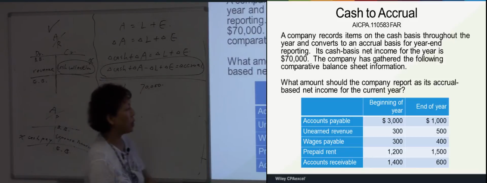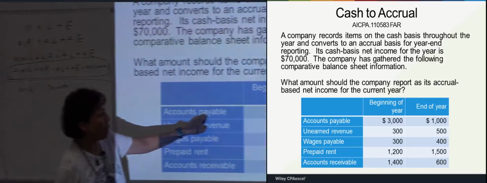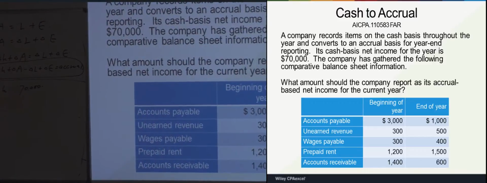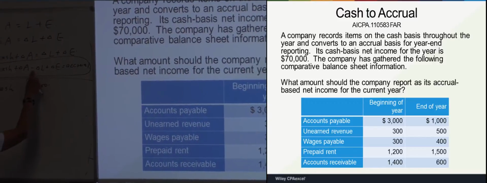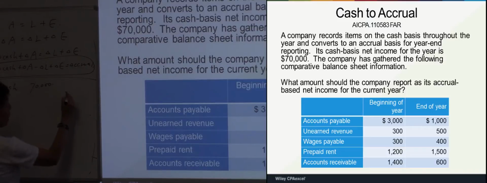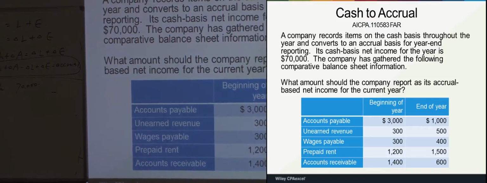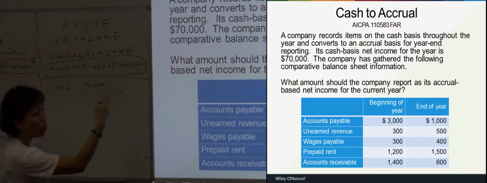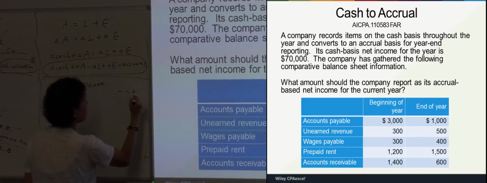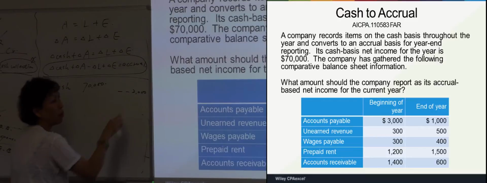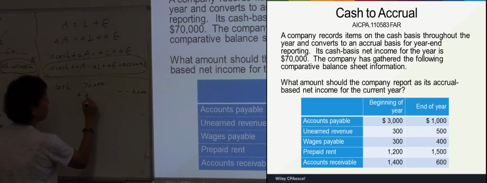The first one, accounts payable. Is it a liability? Yes. For liability, the sign is negative. And do we have an increase or decrease? Decrease, right? Decrease 2,000. So minus becomes positive.